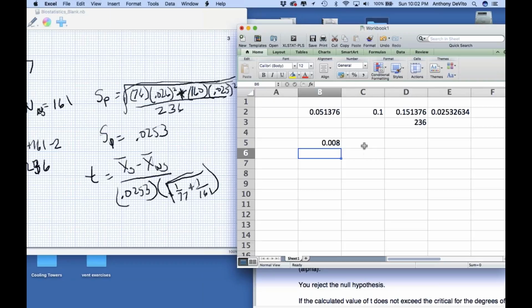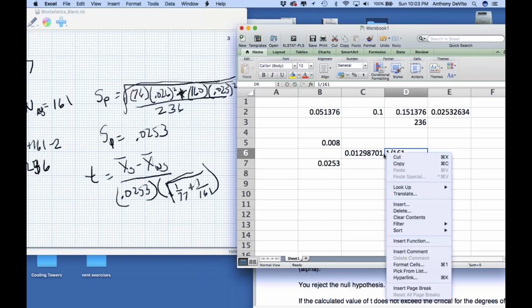Now on our bottom, I'm going to find out what the bottom is. I'm going to do this in a couple of steps. First, I have 0.0253. I'm going to just put that in there. And then I'm going to find out what that sum is equal to. Well, I'm going to do that up here. So 1 over 77 is equal to this. 1 over 161 is equal to this.